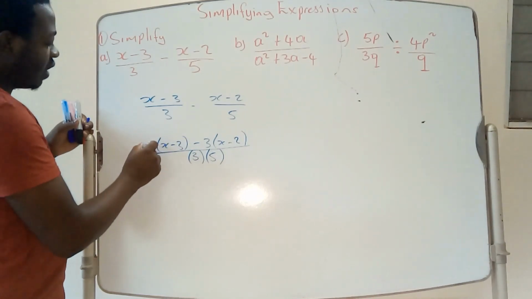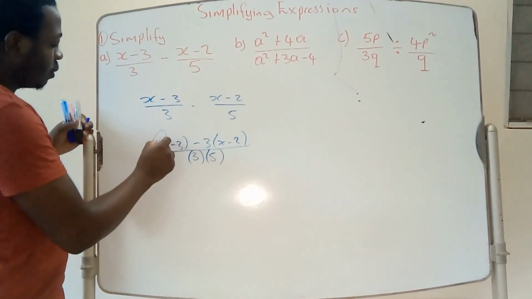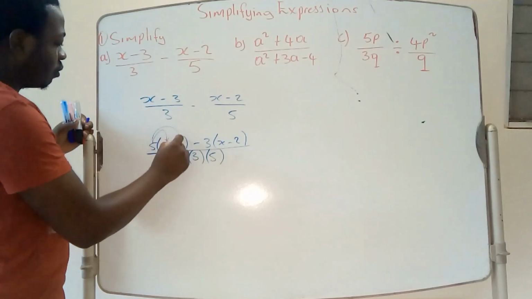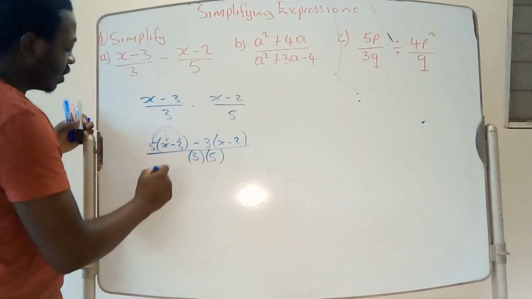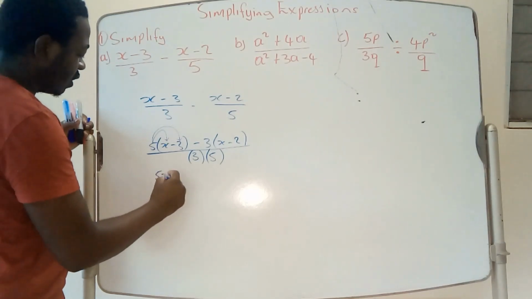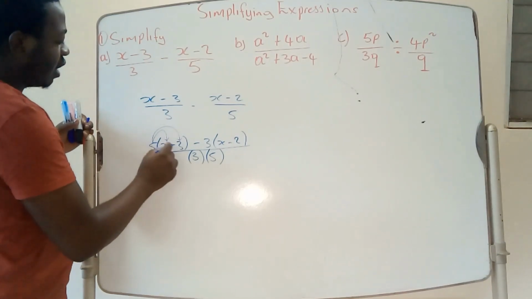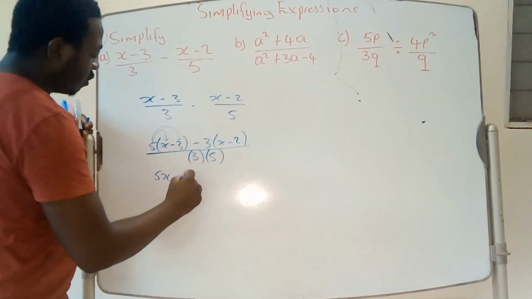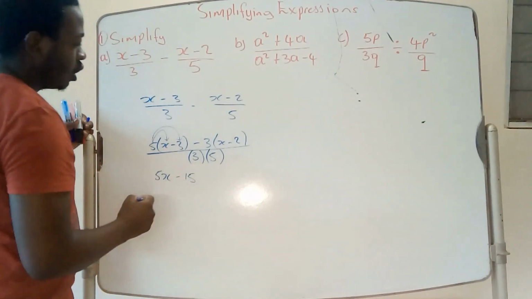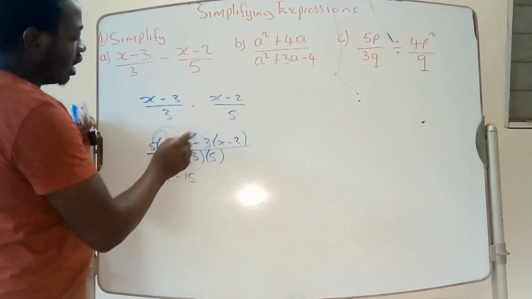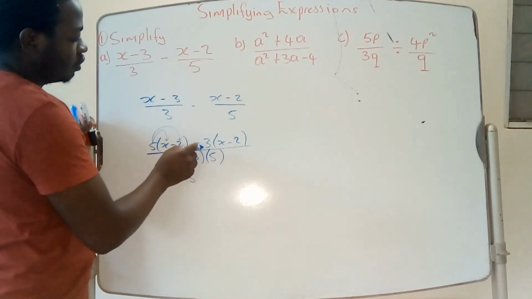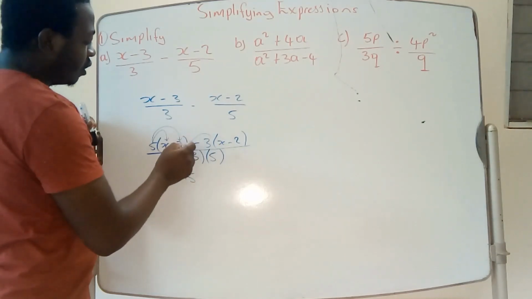So I'm going to use the 5 to multiply the first term and then use the 5 to multiply the second term. So 5 times x, that leaves me with 5x. 5 times minus 3, that leaves me with minus 15. Now on this part here, I am going to distribute this negative 3 to each of the terms here.